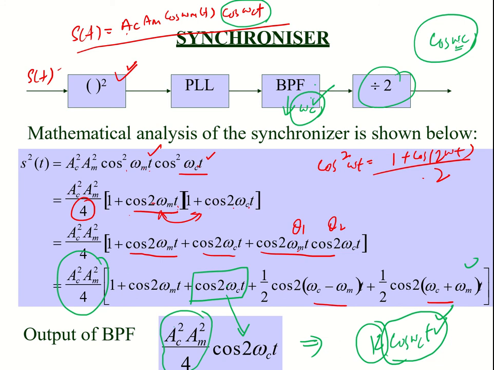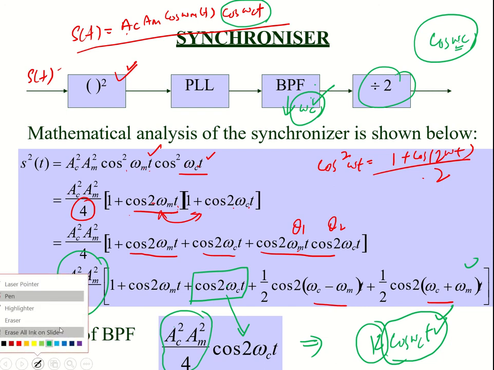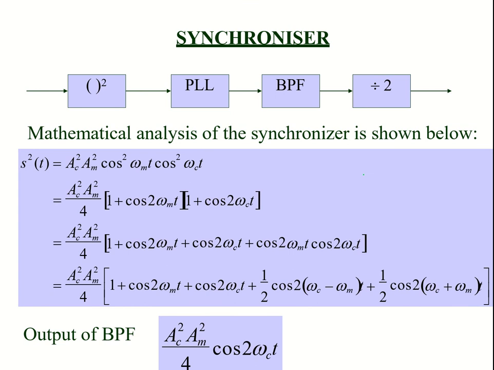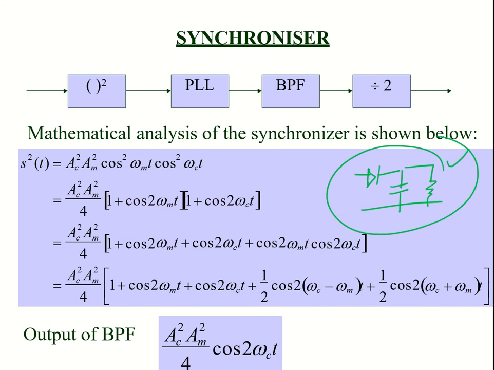But now, what are the advantages of the synchronizer? Problems of phase or frequency synchronization are gone. But now the circuitry of the demodulator for the double sideband suppressed carrier has become more complex. If you remember, for the full AM demodulator, we just used a diode, a capacitor, and a resistor, an envelope detector. That was our simplest demodulator circuit.